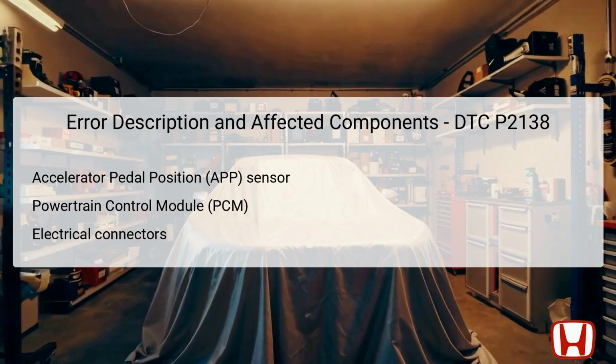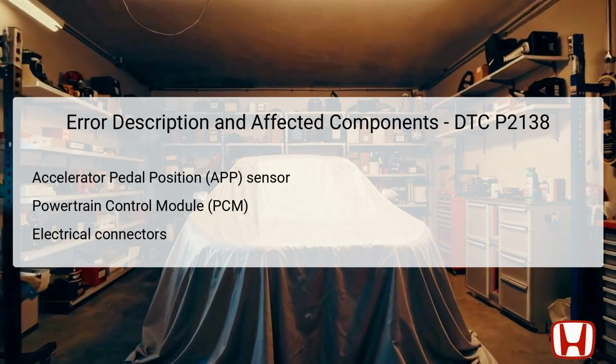The error code P2138 primarily involves the accelerator pedal position, APP, sensors, specifically APP sensor A and APP sensor B. These sensors track the angle of the accelerator pedal and send corresponding voltage signals to the Powertrain Control Module, PCM.